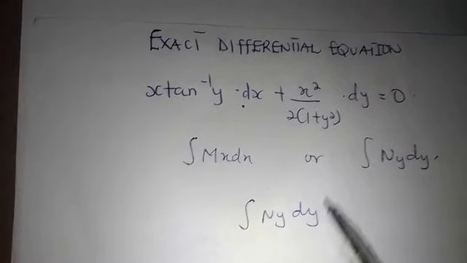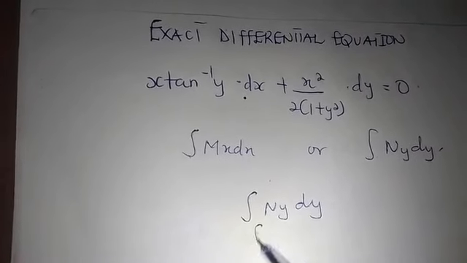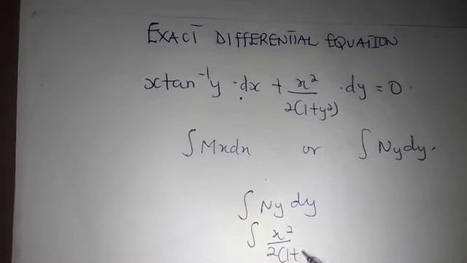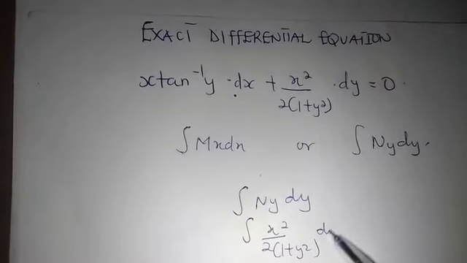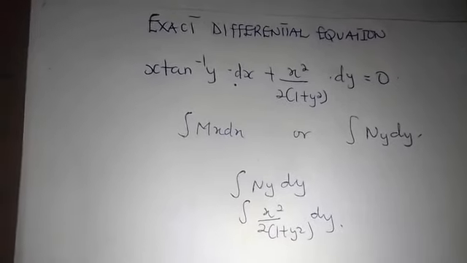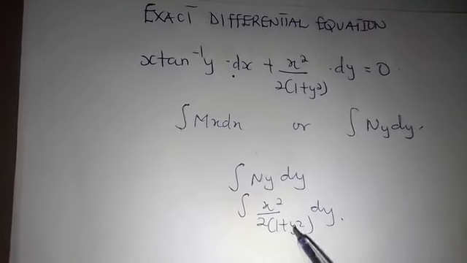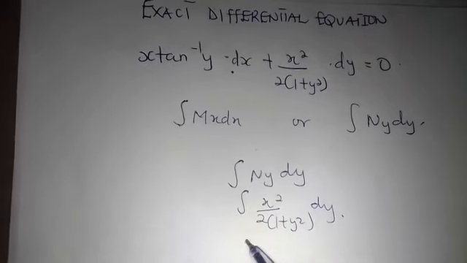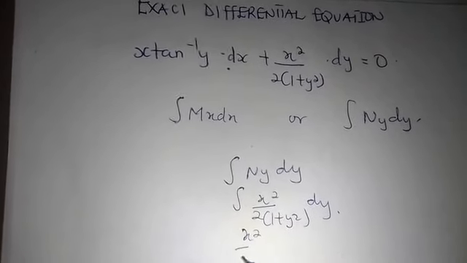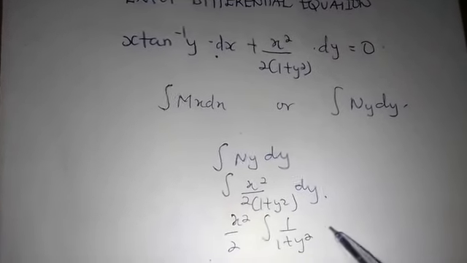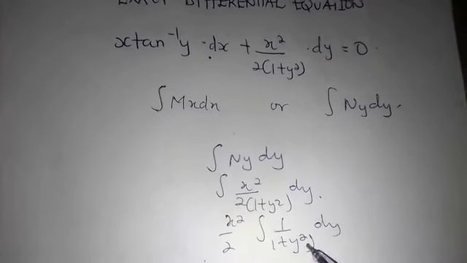To do that, we take the function back here. We're going to have the integral of x squared on 2 multiplying 1 plus y squared, all dy. As we are integrating with respect to y, every x term becomes a constant. We move them out, so we get x squared on 2 times the integral of 1 over 1 plus y squared dy.